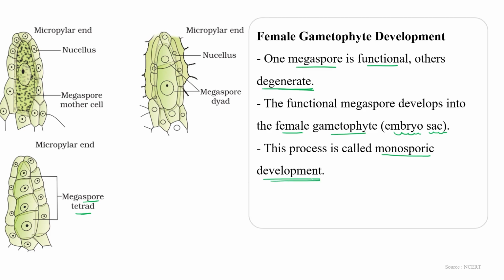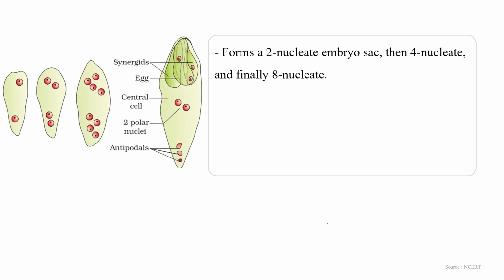What is the name of the process? Monosporic development. The nucleus of the functional megaspore divides mitotically and forms a 2 nucleated embryo sac, 1 to 2, then 4 and then 8. So 2 nucleated, then 4 nucleated, and then finally 8 nucleated.